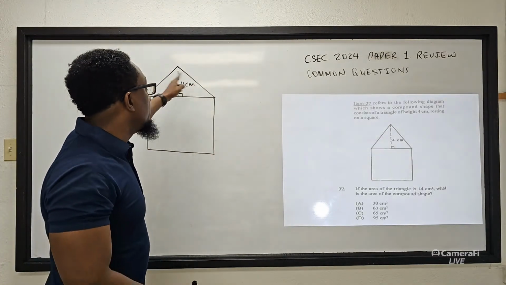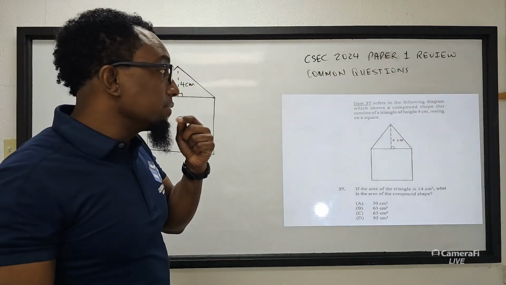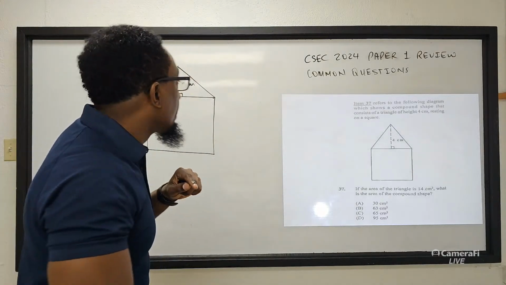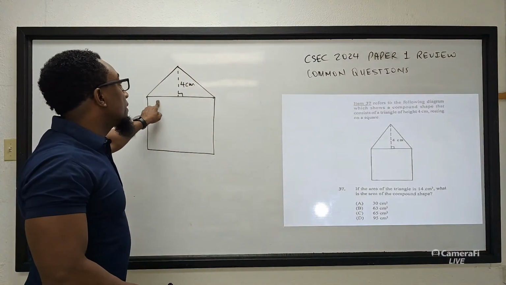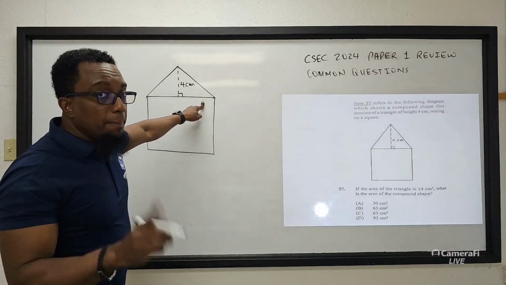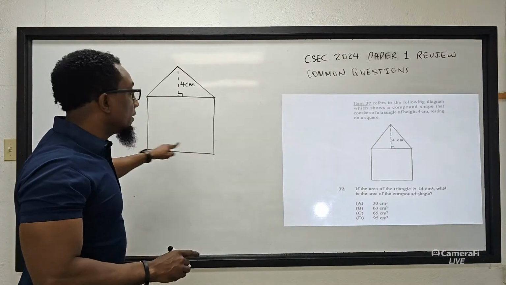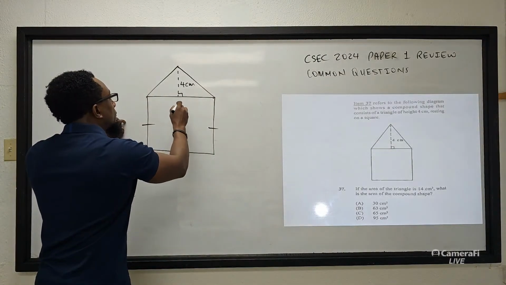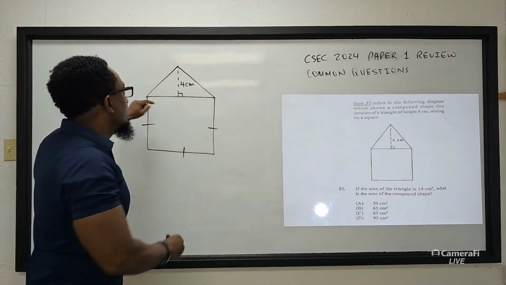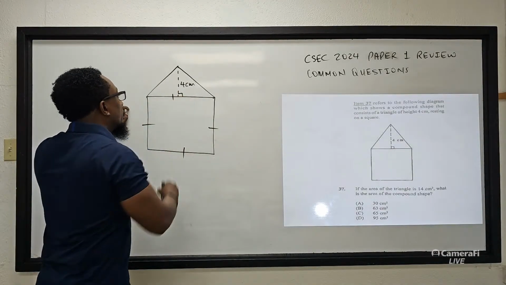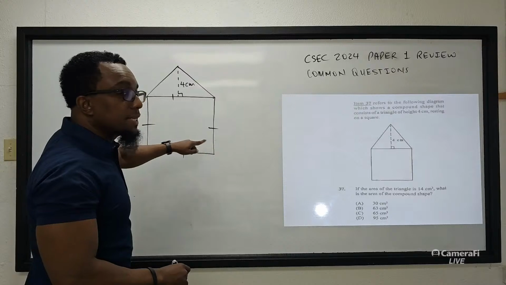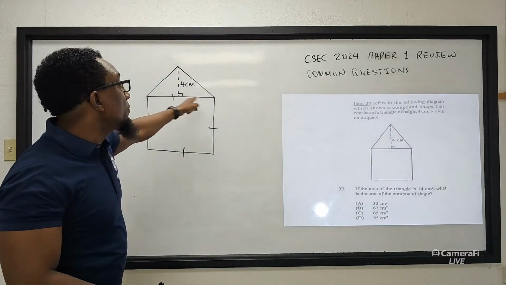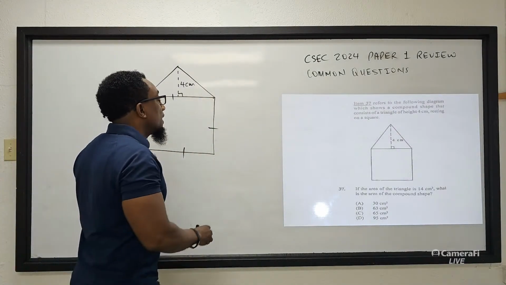So what we can do is determine the base of this triangle, which will represent one side of your square. Remember, this is a square, so this side is equal to this side, equal to that side, equal to that side. This here represents the base of the triangle. So let's find the base.